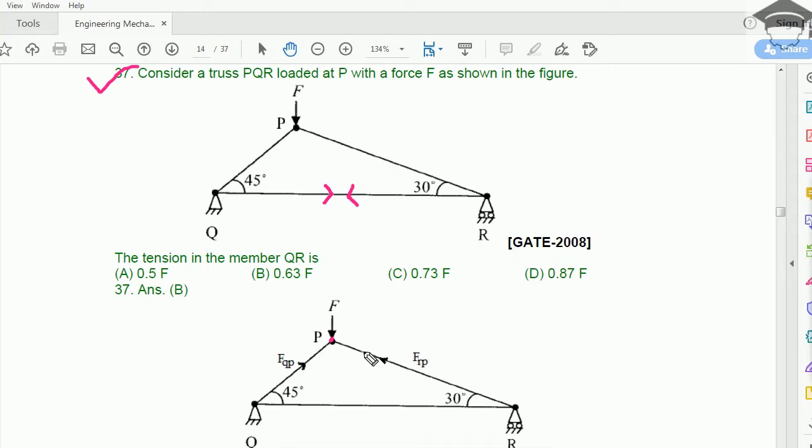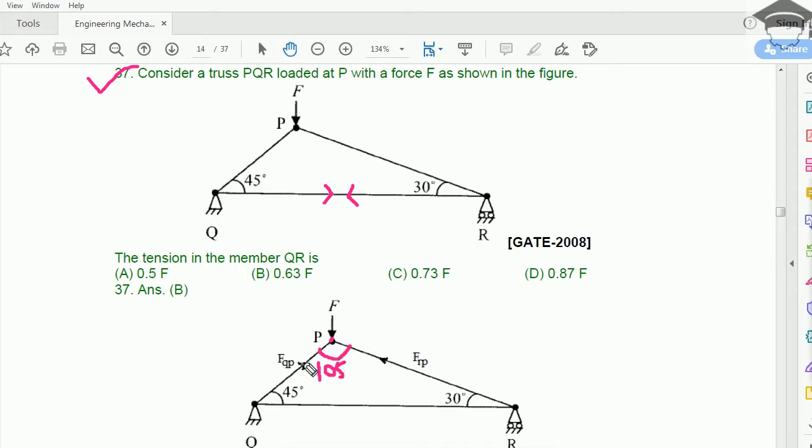You can find this angle: 180 minus 45 minus 30, so it will be 180 minus 75, that is 105. So from the force triangle we can write force F divided by sine of the angle found between the remaining two forces. You have to write three equations. So it will be F upon sine 105 is equal to FRP upon sine of this angle.